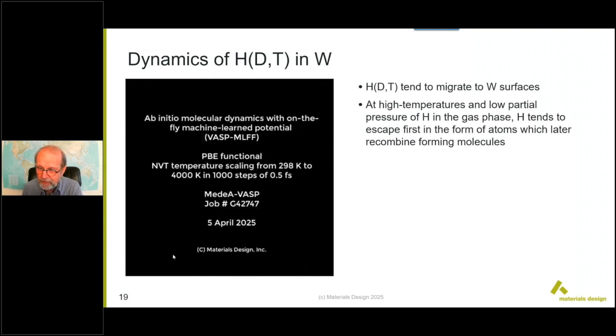In order to generate it, all you need to do in the MedeA VASP interface is check one checkbox that says use machine-learned force fields. So that was done for this simulation.